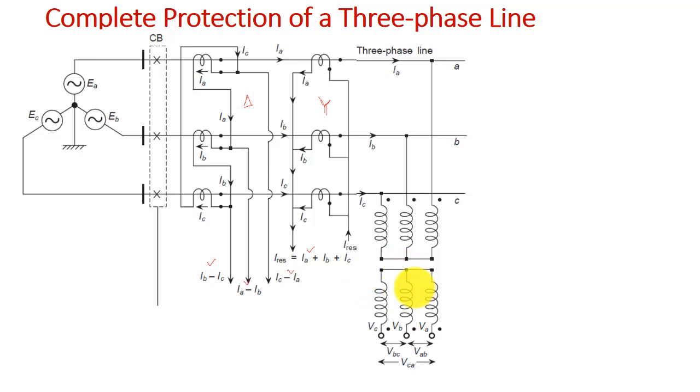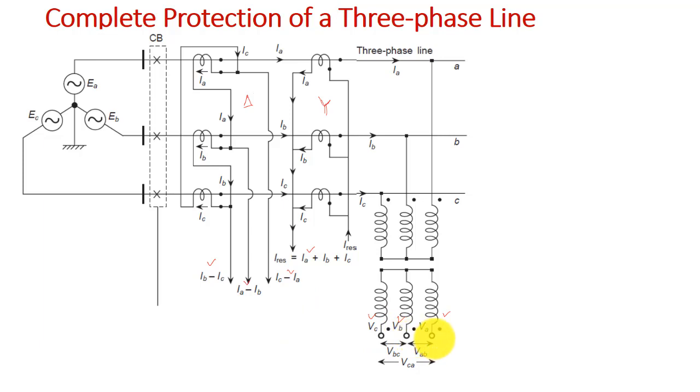Now I will see how the potential transformers are connected. We need the single voltages and the voltage differences as well. We can find the voltages directly from the PT. We can find VA, VB and VC from each of the phase voltages, and if we take the line voltages, that will give us the difference of the voltages.